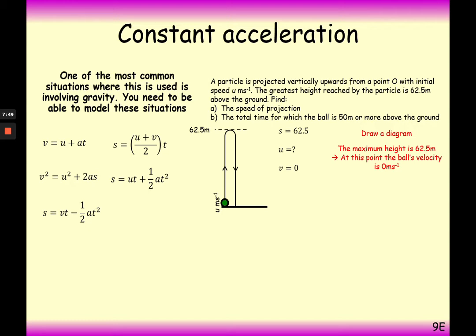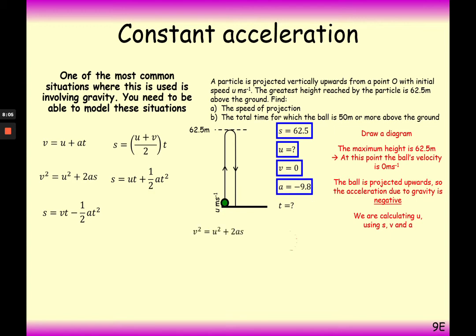We've taken upwards as positive, so a is going to be -9.8. And t isn't something we're concerned with. So we're trying to find u. We've got s, v and a. So we're using v squared equals u squared plus 2as. Sub in the values we've got, and then again we'll get our solution.